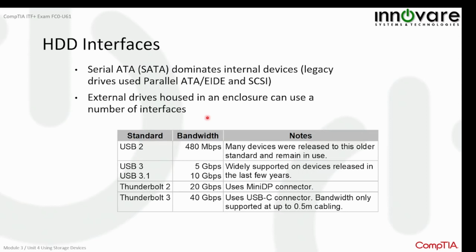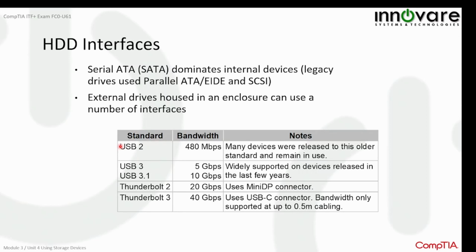So mga interfaces, hard disk drive starts from USB 2, USB 3, even up to Thunderbolt 3. All of this comes with different speed and bandwidth, and you can tell from this these are older standards. The earlier versions, in my time, may mas earlier pa dito.